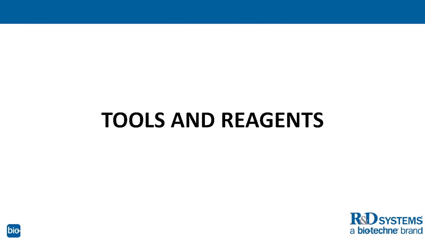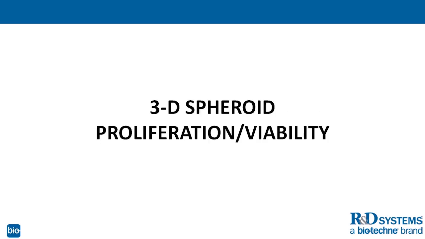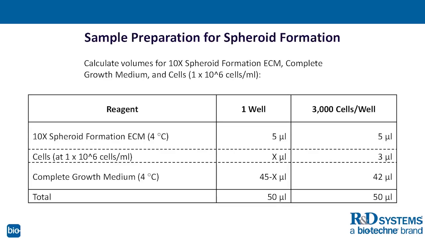So for our tools and reagents, first let's look at our 3D spheroid proliferation and viability. I wanted to start out by looking at sample preparation, specifically how we set this assay up. It's something that we've had some questions about in the past couple of weeks, and I think it's worth spending some time on, so that if you do set this up in your lab, it will make the transition much easier.